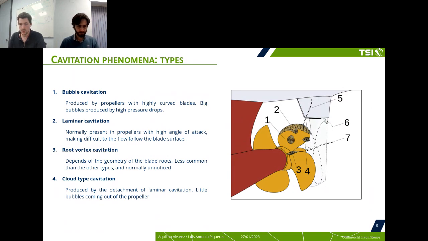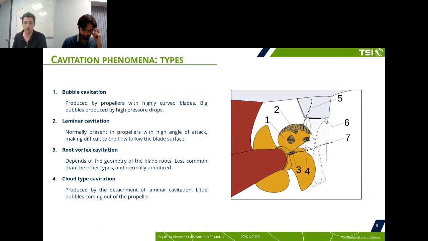The second one is laminar cavitation, normally present in propellers with a high angle of attack, making it difficult for the flow to follow the surface of the blade. Typically, it produces very low noise and vibration levels, being a vapor vein that follows the blade of the propeller, and it also causes little damage.